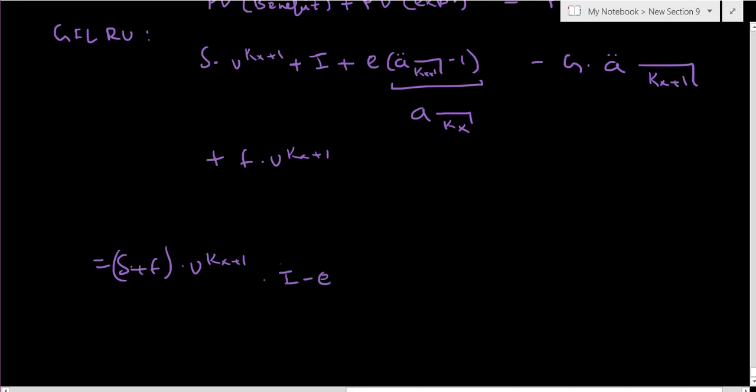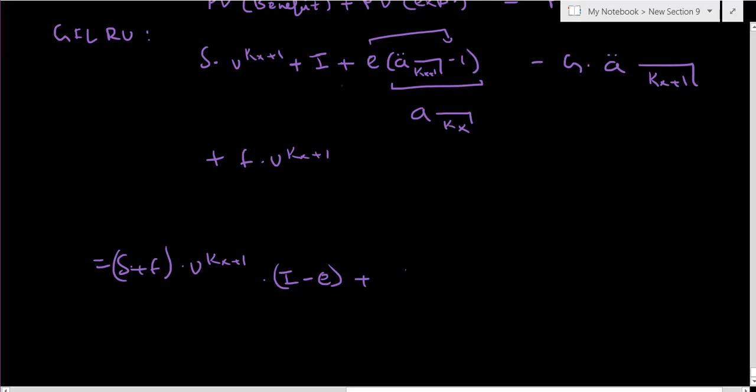minus E, okay. I'm just multiplying this thing inside and taking this minus E separately, plus this F is considered, okay. We have got I and E, everything is taken.